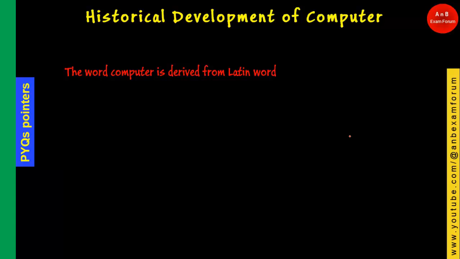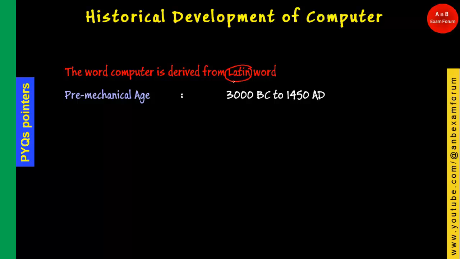Sometimes they ask from which language this word is derived. Okay, so the answer should be Latin. And coming to the history point of view, the first thing is the pre-mechanical age, which is basically from the year 3000 BC to 1450 AD.